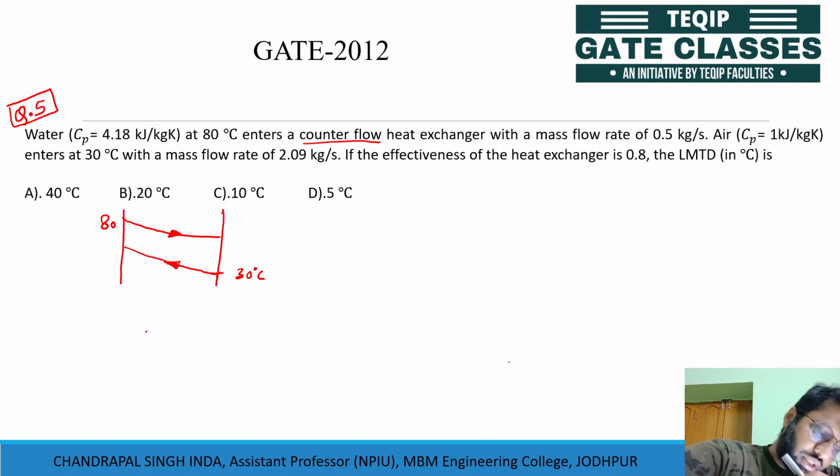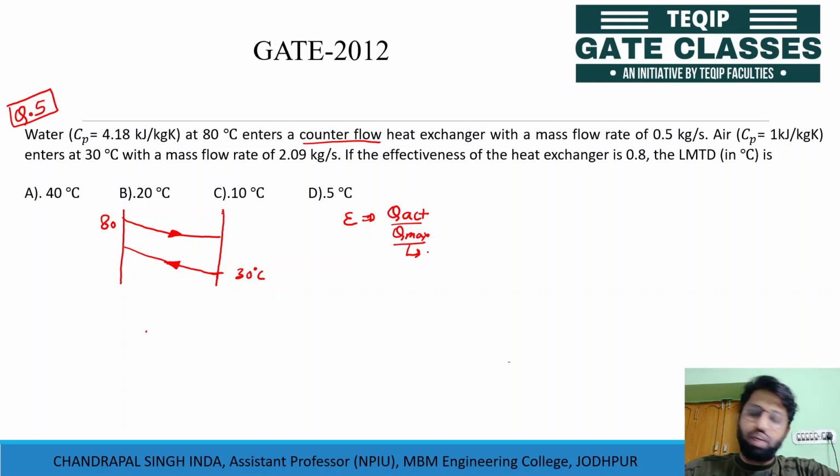Effectiveness is given. We know that effectiveness is equal to Q actual upon Q max. To find the value of Q max, first we need to identify the value of C minimum.